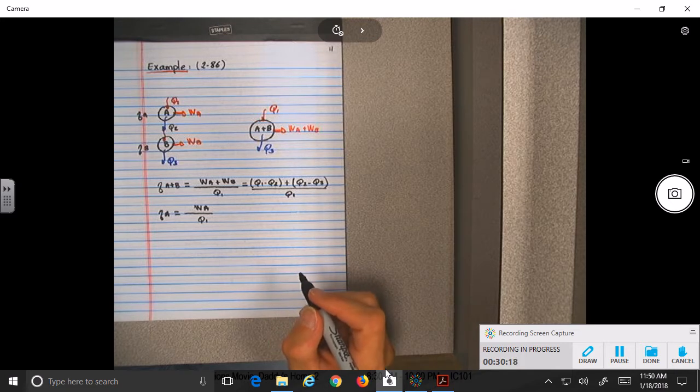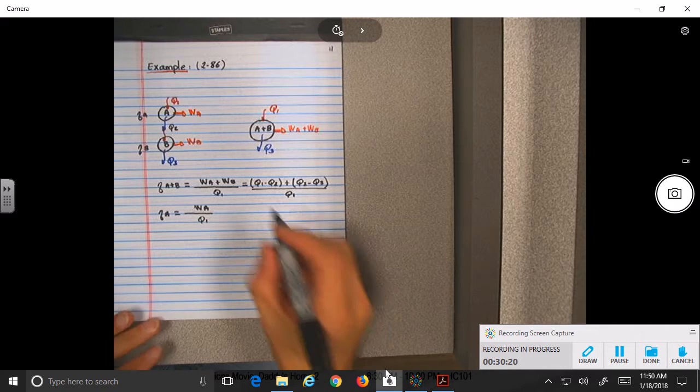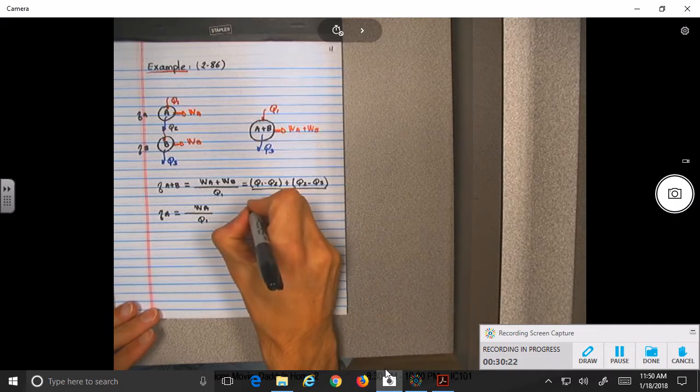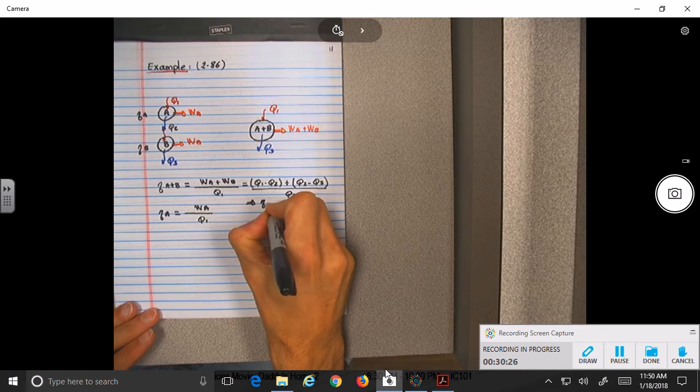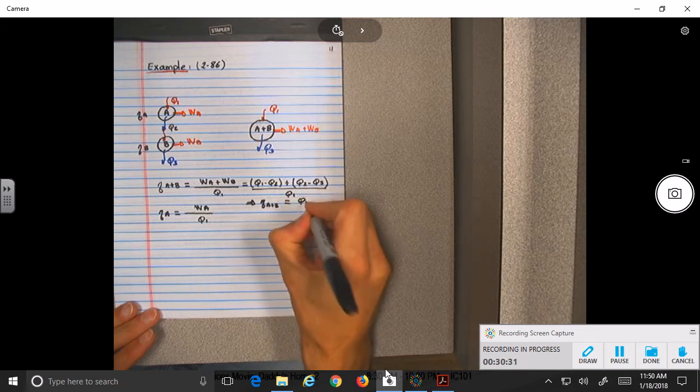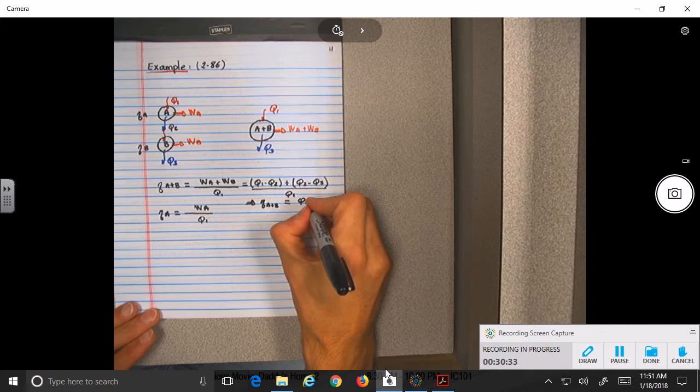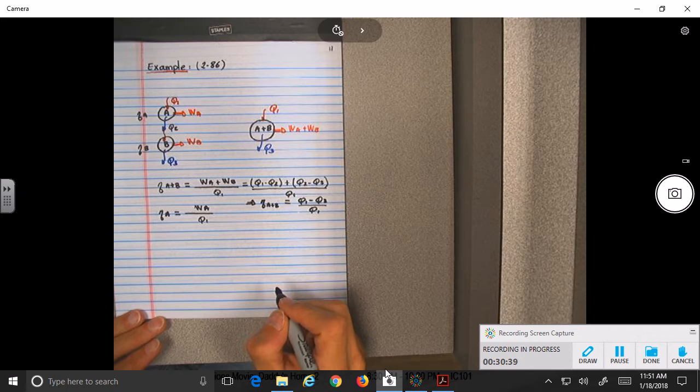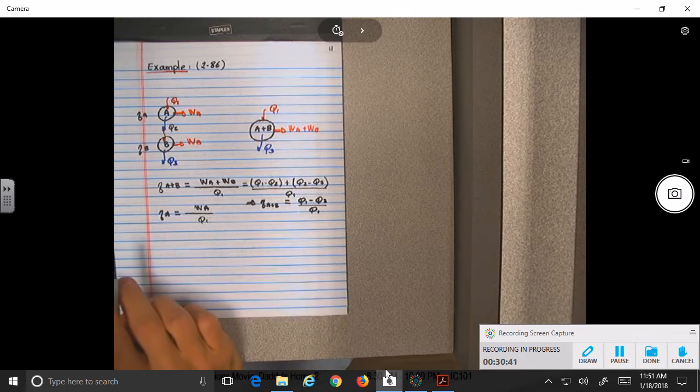Maybe I should have left some space, but it's going to be a little bit crowded, so let me just put it here. So basically, at the end, we have the efficiency of A plus B will be equal to what? What we have over there, Q1 minus Q3, no? Divided by Q1, which is what we're expecting.